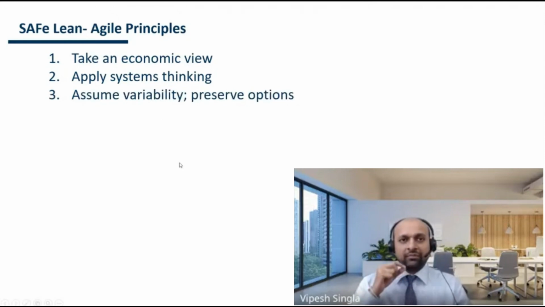The next principle is assume variability and preserve options. This principle acknowledges that variability is inherent in any development process. Why? Because whenever we are building very complex systems or products, we don't know what the solution will look like.